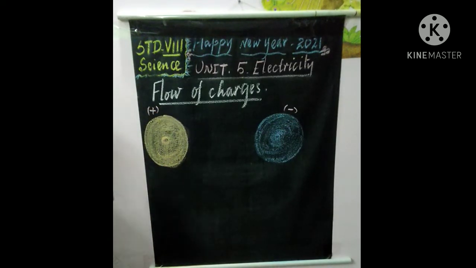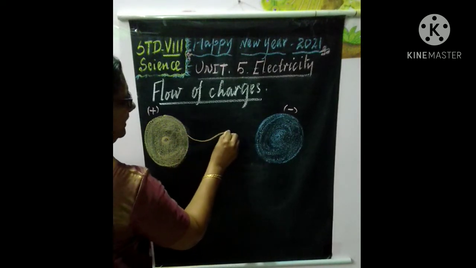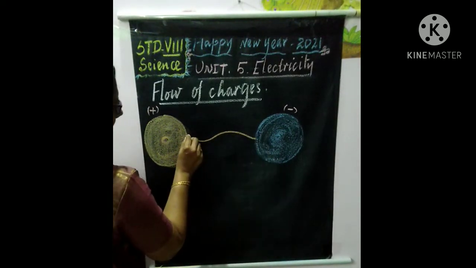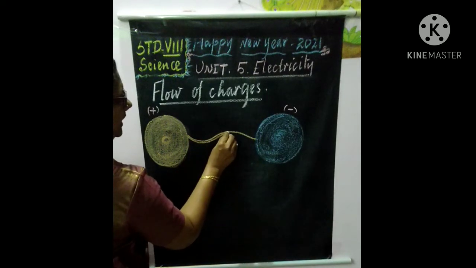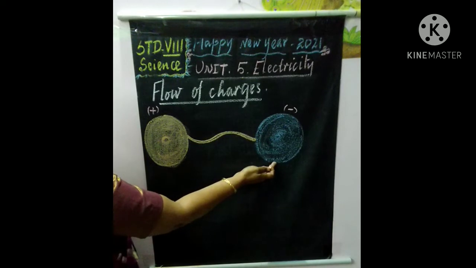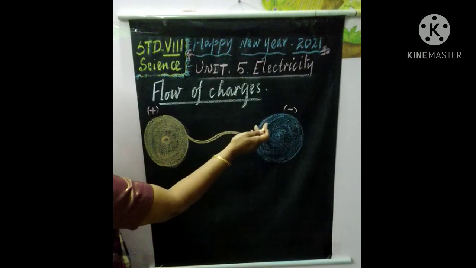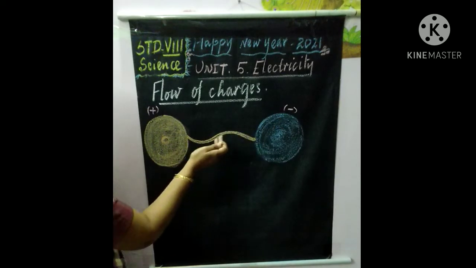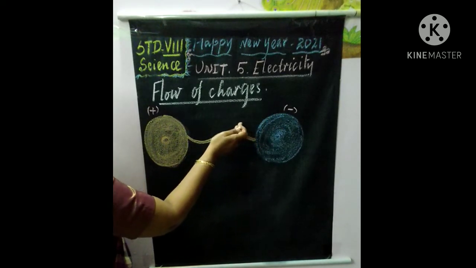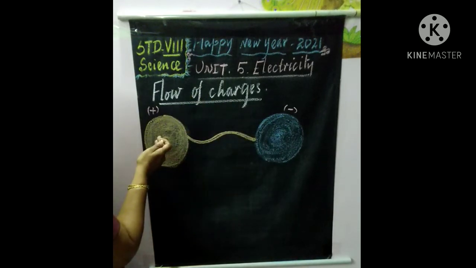Now we are connecting these two metallic spheres with a metal wire. What will happen? This sphere has more electrons. Usually electrons have the capacity to move. So the electrons started to move from this sphere to this one.